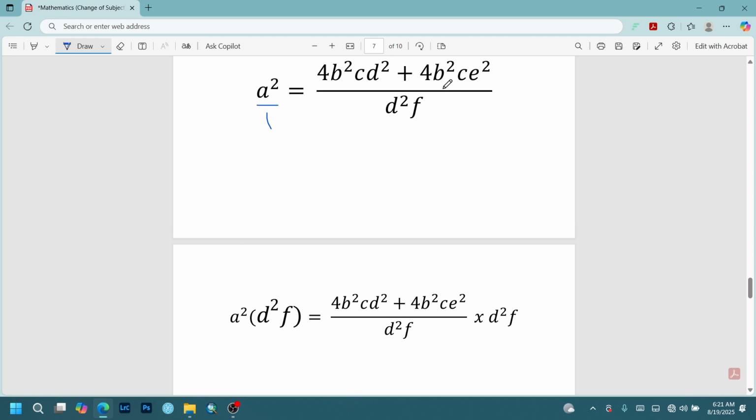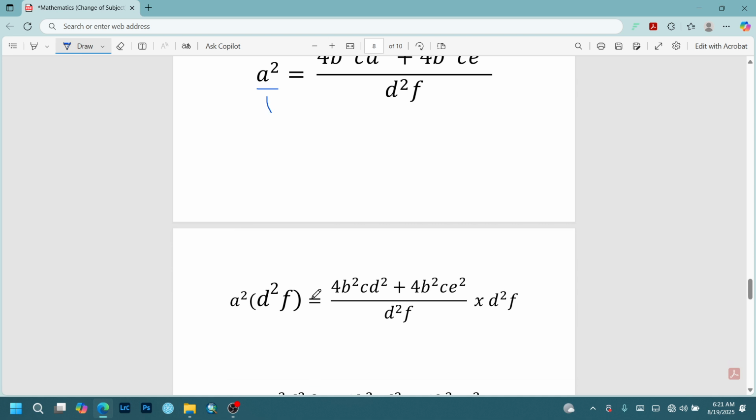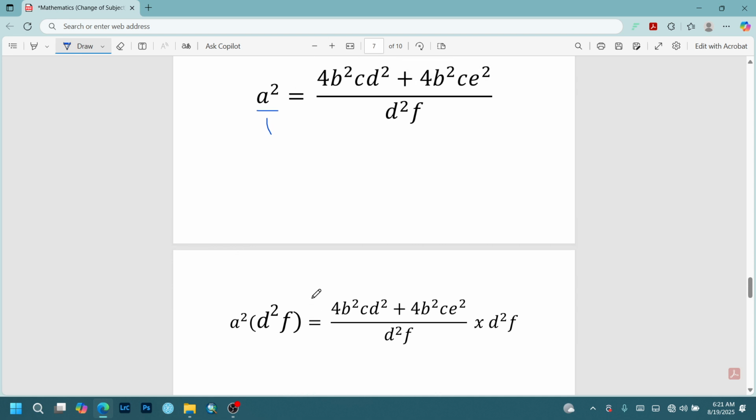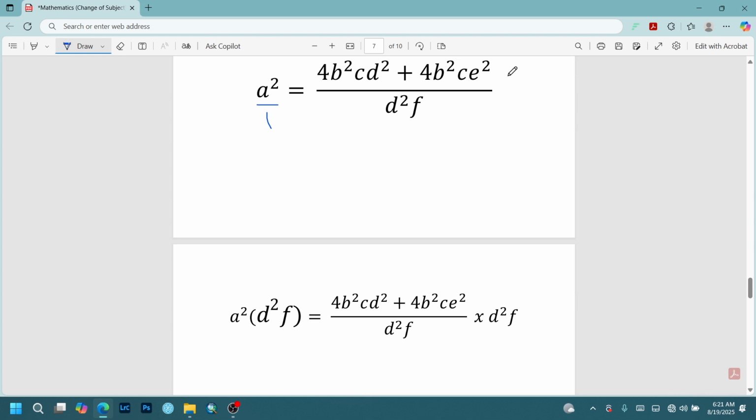So we are going to have a square multiplying d square f, and also 1 multiplying 4b square cd square plus 4b square ce square. Or, similarly, you can multiply through by the LCM, which is d square f.